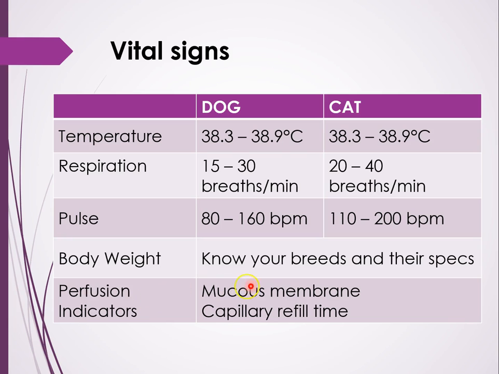Perfusion indicators, of course: you will have to assess the mucous membrane, whether it's pink, whether it's very hyperemic, very reddened, or whether it's very white. And of course, capillary refill time. This is when you put some pressure at the buccal mucosa or at the inner lip, so that you can see the time for it to be pink again.